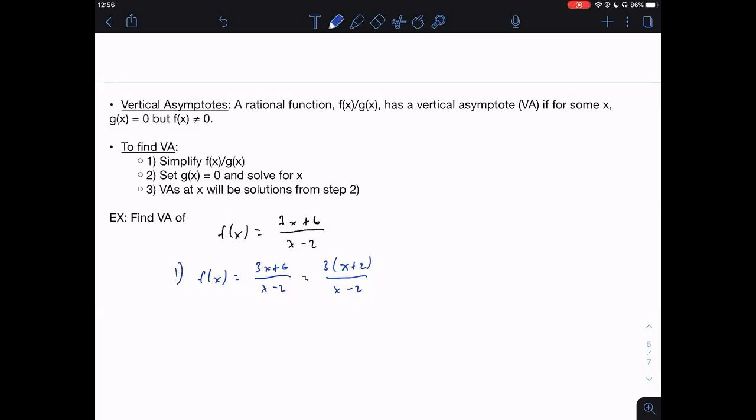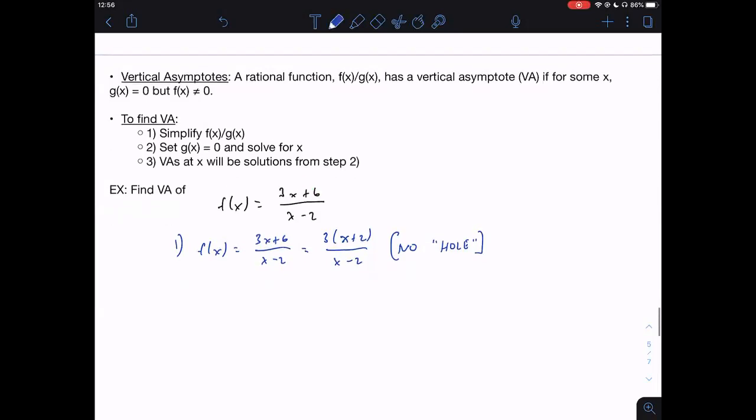In other words, since we're not able to cancel out anything from the top and the bottom, this function has no hole in it. As we saw in chapter 2, any common factors that we could cancel out in a rational expression represent a hole in that function. But in this case, since there's nothing in common, we have no open circle, no hole in this rational expression.